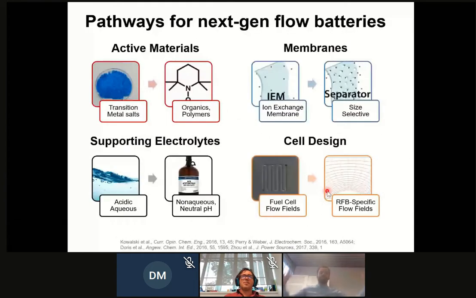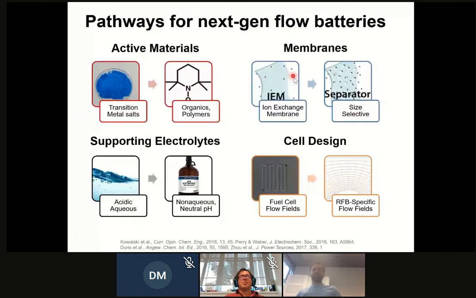So people are thinking about how we decrease the cost. There is a lot of nice work lately, and you could break it down into 4 areas. There are people who work on the chemistry of the redox active species, and a lot of the work is now focusing on organics or even high molecular weight compounds. There are people who work on more cost-effective membranes.